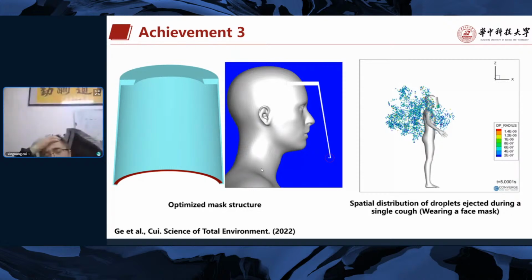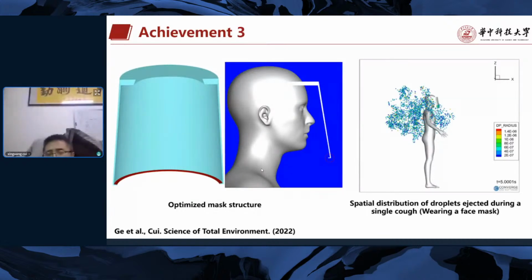And we also tried to study the case when people wear the face mask. We see that if people wear the face mask, in fact, it doesn't reduce the risk, it changes the risk. If people wear the face mask, it's more dangerous at the back of the person, not in the front.